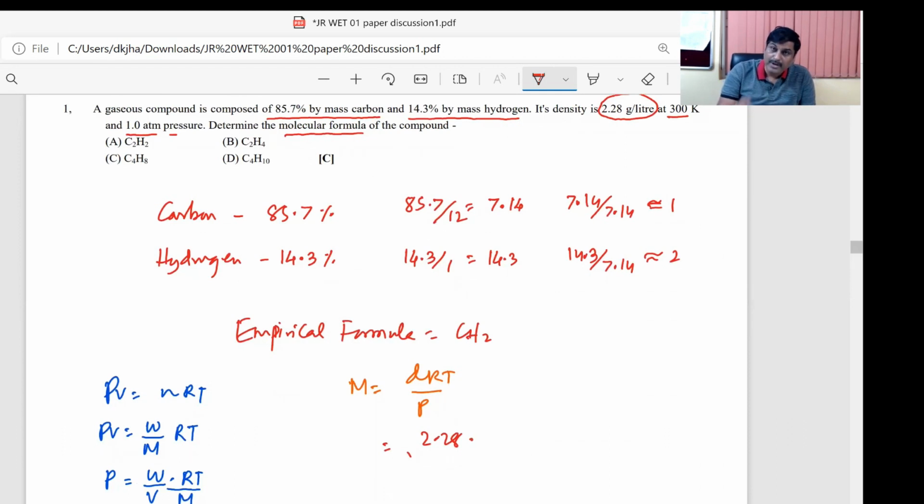What is the value of R? When we have volume in liter, pressure in atmosphere, temperature in Kelvin, the value of R is 0.082 liter atmosphere per Kelvin per mole. So 2.28 into 0.082 into the temperature, 300, divided by the pressure, 1 atmosphere.